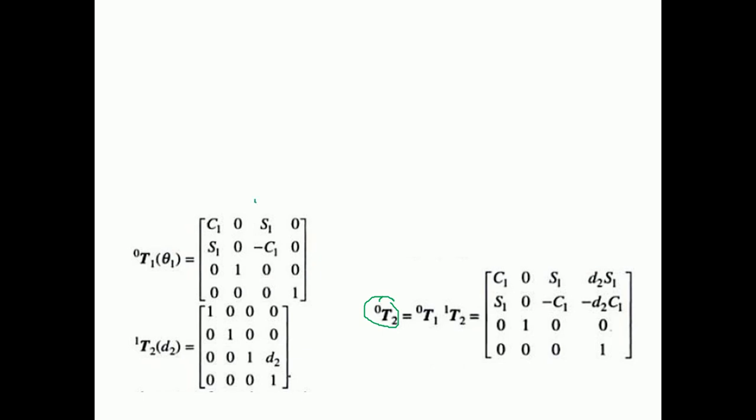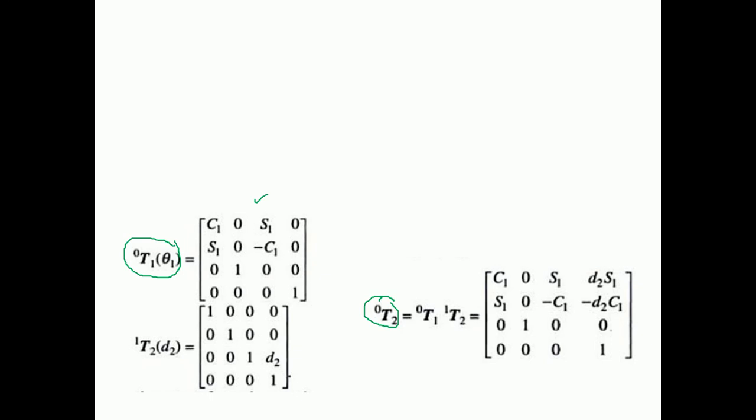After filling the values in the DH parameters, we got two different matrices: the relationship between link 1 and link 0, and the other relationship between link 2 and link 1. After multiplying them with each other, we found the relationship between, sorry, link 2 and link 0.